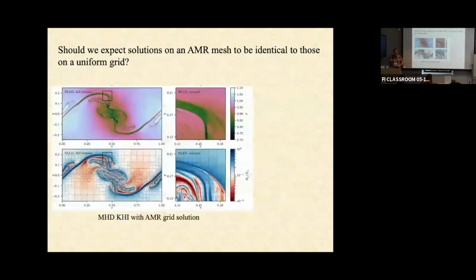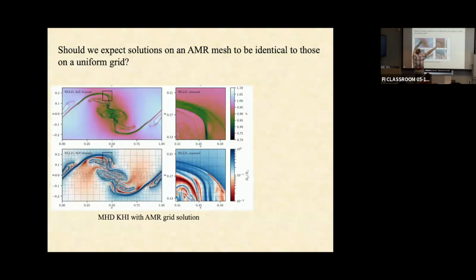I can't resist one more thing about AMR. Should we expect everything to be the same with AMR versus the uniform mesh? This is an example that Chris White found in doing testing of Athena++. This is a relativistic Kelvin-Helmholtz test problem. There was initially a shear layer, and this was KH unstable, and it rolled up into these complicated structures.